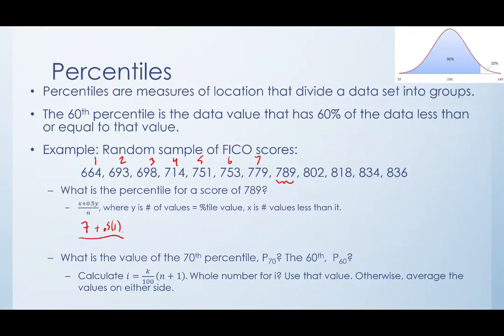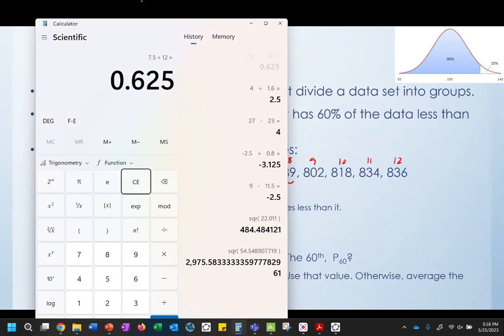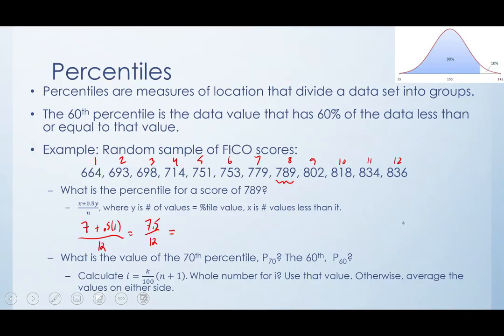And we're going to divide by the total number of data values in the set. So 7, we've got 8, 9, 10, 11, 12. All right, so we're going to calculate 7.5 over 12. That is going to be our percentile. So 7.5 over 12 is 62.5%.